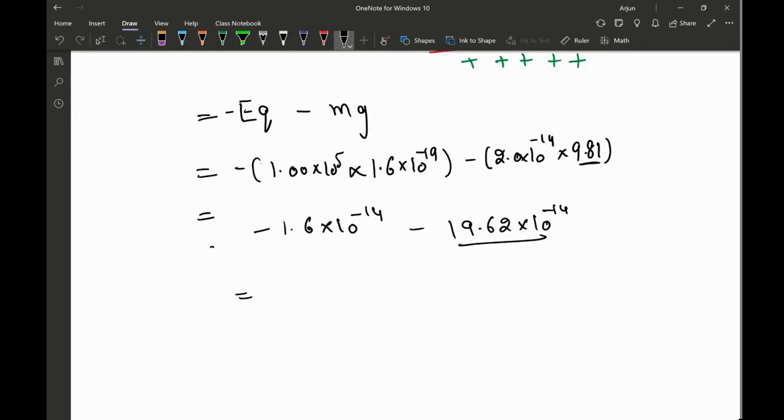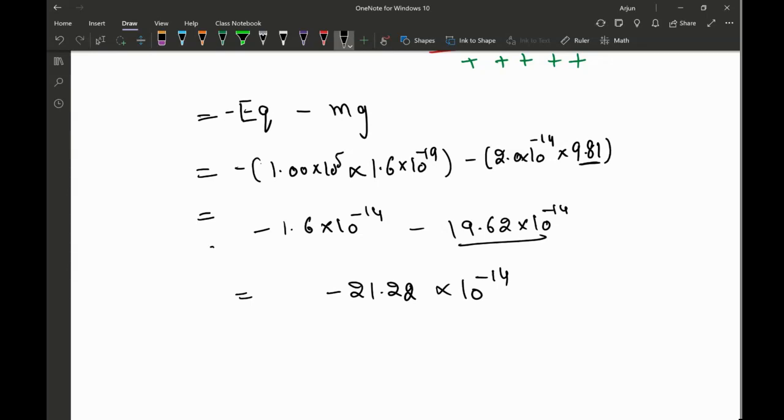So 19.62 plus 1.6 is 21.22 times 10 raised to the power negative 14.